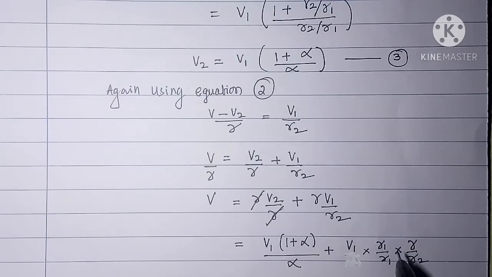So V1 into 1 by alpha into 1 by alpha we get, or V1 into 1 by alpha square. From these two terms, if I take V1 common outside, I will be getting V1 into the bracket (1 plus alpha) upon alpha plus 1 upon alpha square.